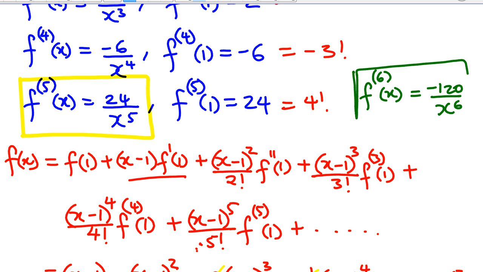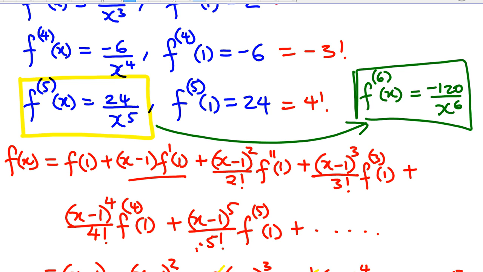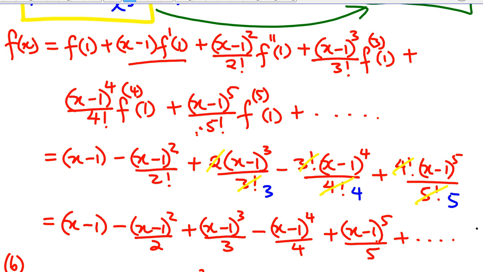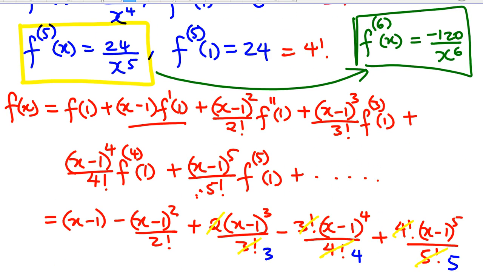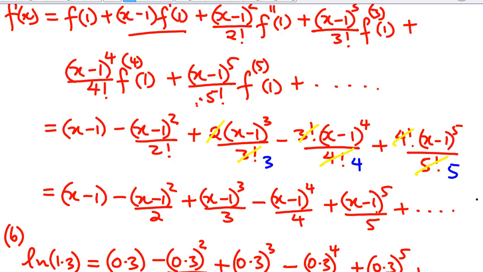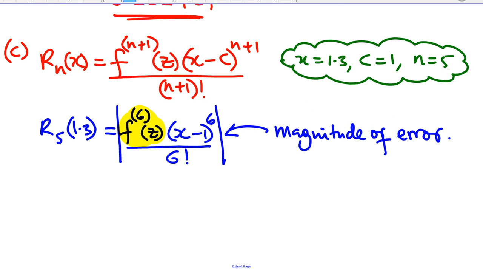So we can find the value of the sixth derivative at z, which will just be negative 120 over z to the power 6.